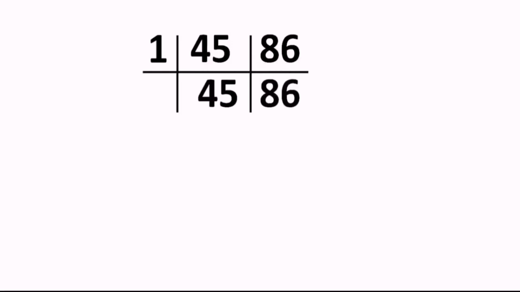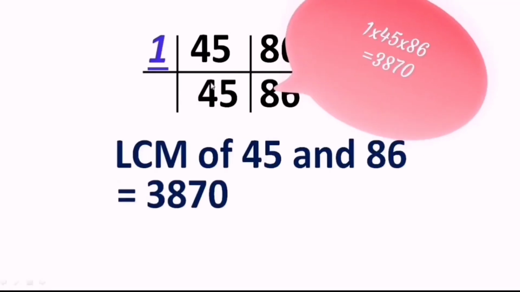And what do you think can be done now? Because 1 is there, 45 and 86 cannot be divided any further, and that makes our answer 45 and 86. So the LCM of 45 and 86 is nothing but the product of the numbers themselves.